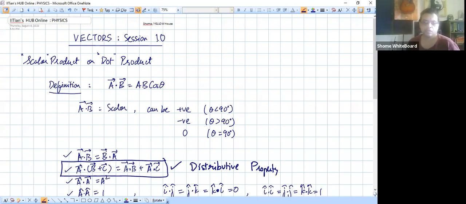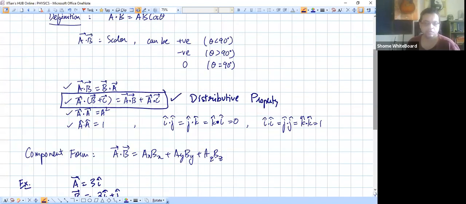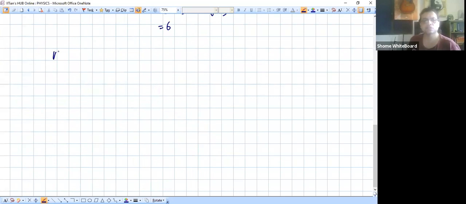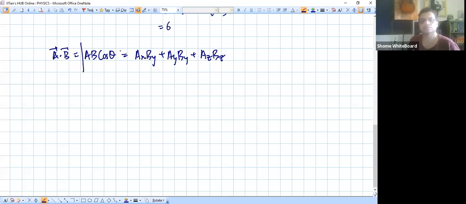Yes, Dushant, it is correct in saying that A dot B can be written as AB cos theta, and therefore that is AX BX plus AY BY plus AZ BZ. So this statement on its own is also correct.